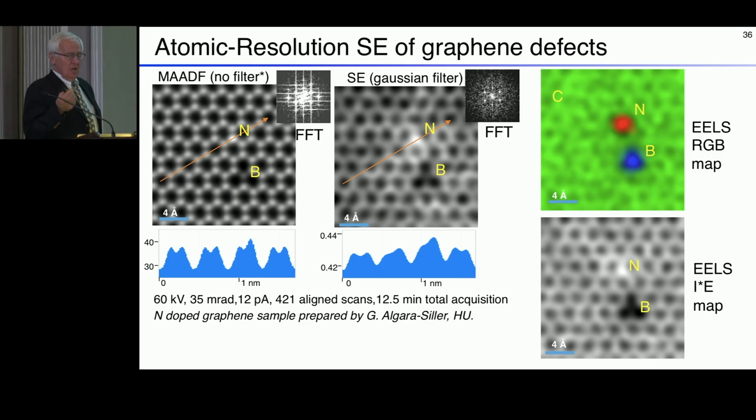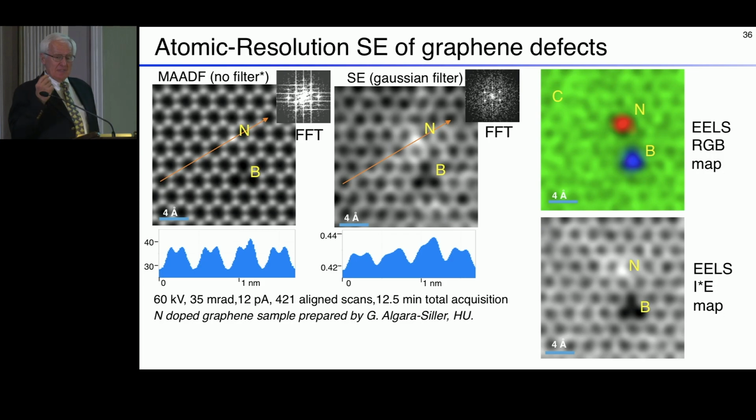So nowadays, with energy loss spectroscopy, you can do mapping, and the map tells you, oh, that was a nitrogen atom here, that was a boron atom here. And you can also do the total energy deposition map, which is basically multiplying the EELS signal intensity by the energy, and you find a very close correspondence between this image here and this image there.